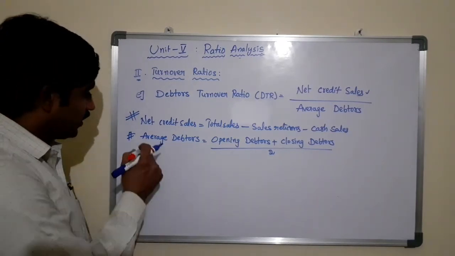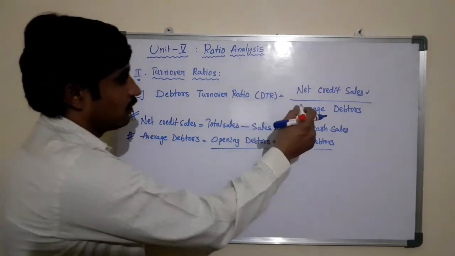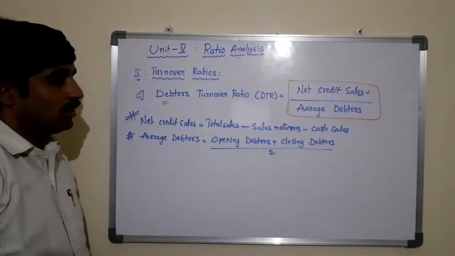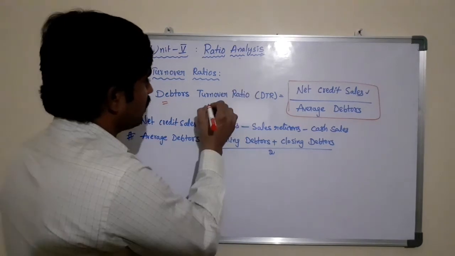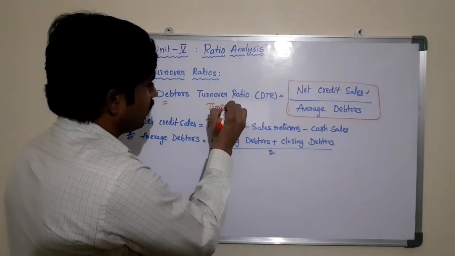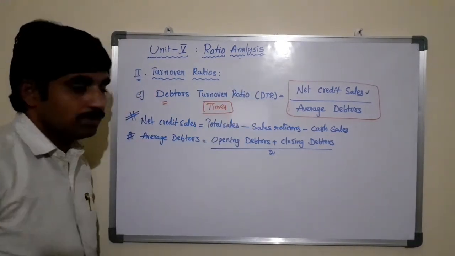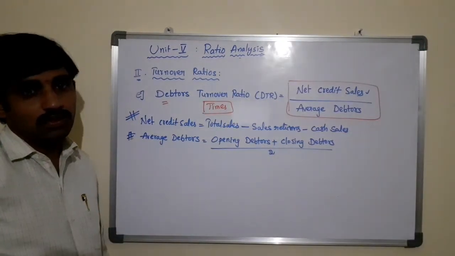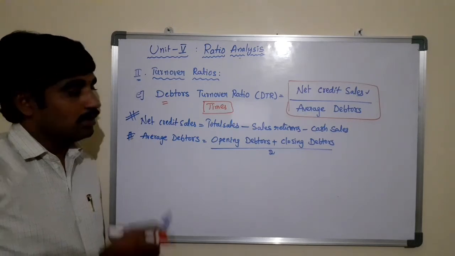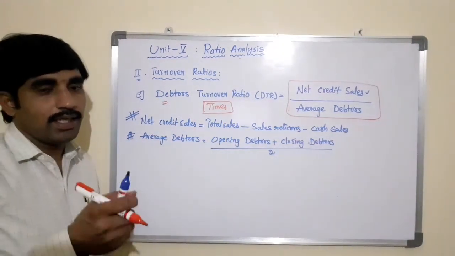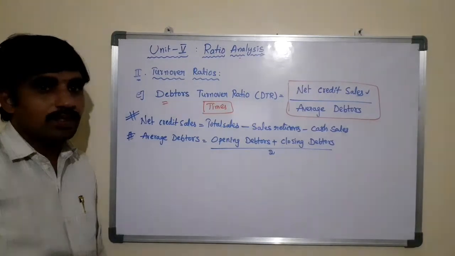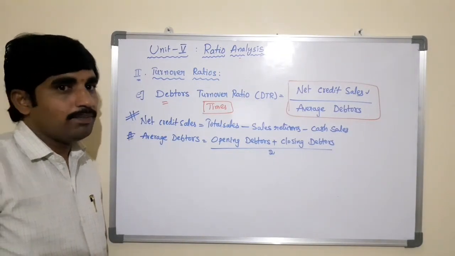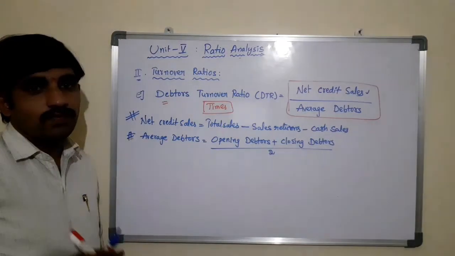After calculating these two variables, we need to substitute in the formula in order to calculate the debtors turnover ratio. This ratio also measures in terms of times. The significance of this debtors turnover ratio is that it indicates the efficiency with which debts are collected during the year. It will be in the interest of the business.